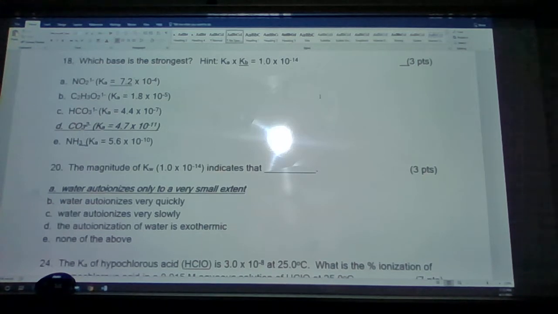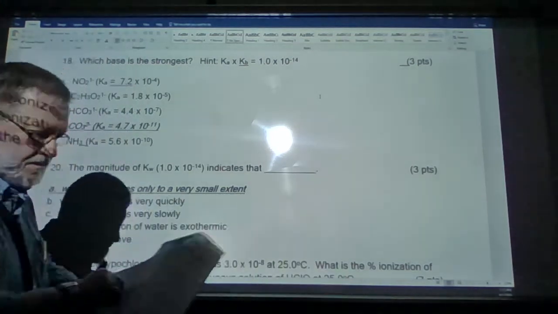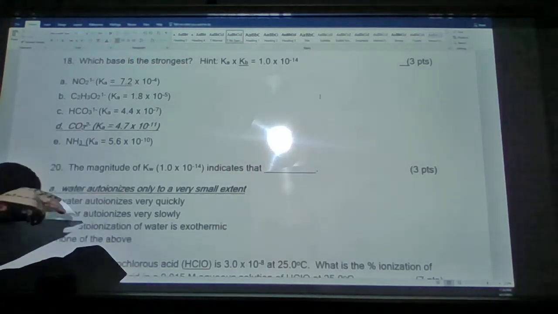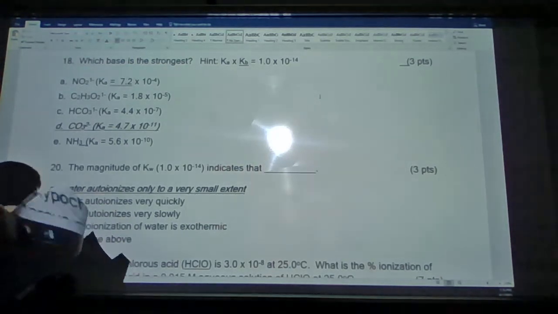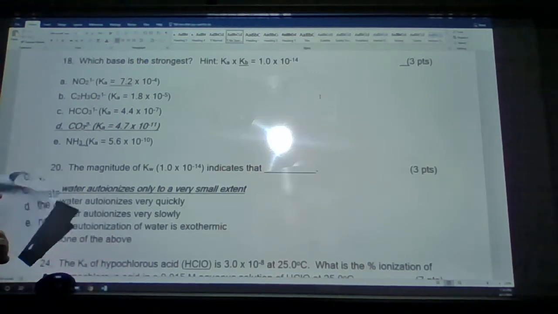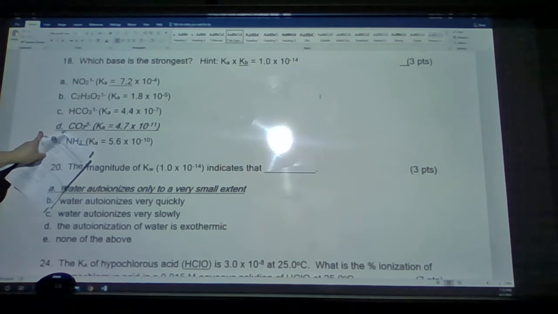So essentially, we're looking for the largest value of Kb for each one of these. So we're looking for the largest numerical value. That value that has the largest Kb value will be the strongest base. We don't have Kb directly, but we have Ka.